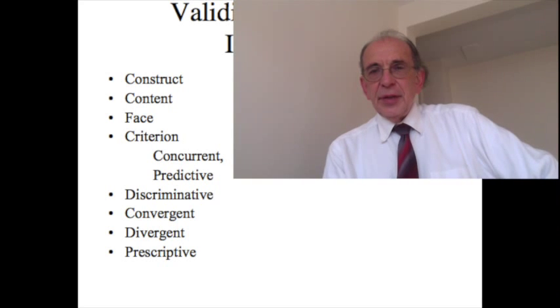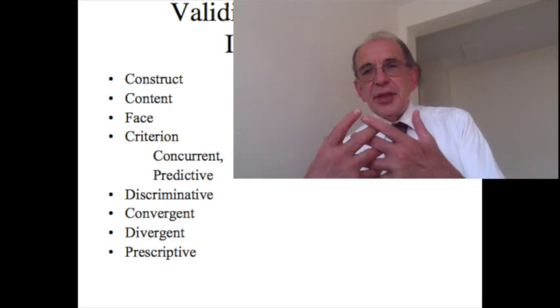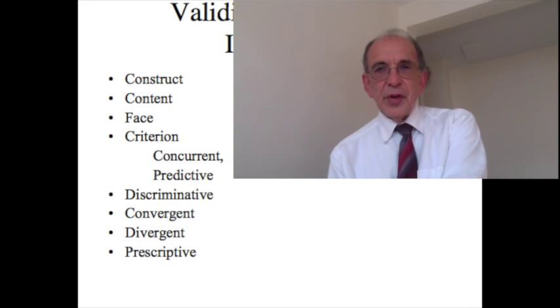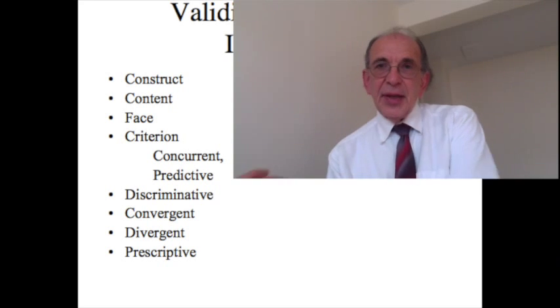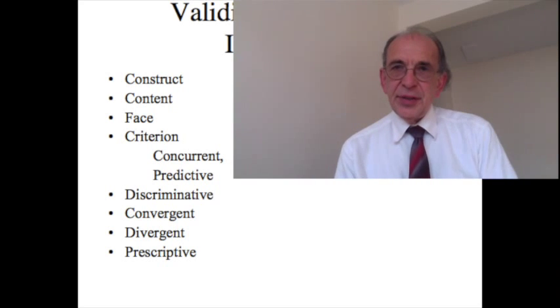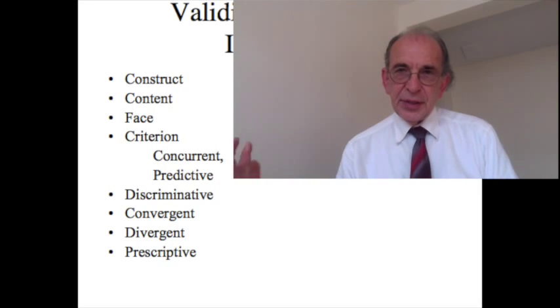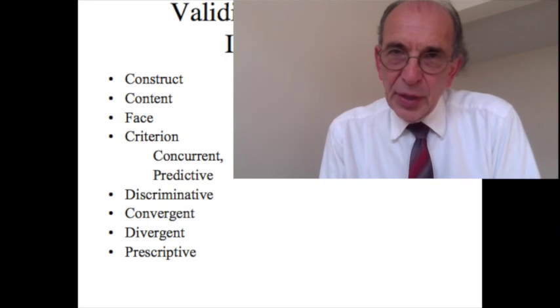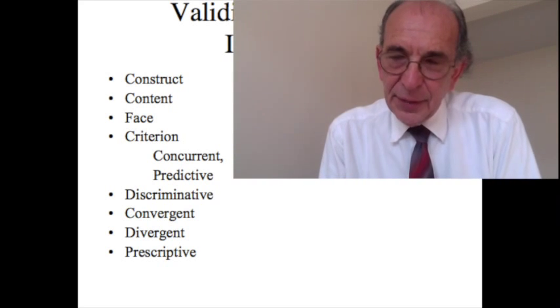That is, studies are done to see is there a significant difference in performance of groups of individuals who have already been identified as disabled, has been classified as disabled, and those who have not been classified as disabled, to see if these groups do significantly differently on particular assessments. That's one aspect of discriminative validity.